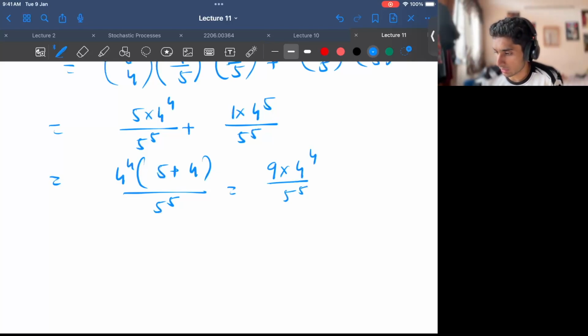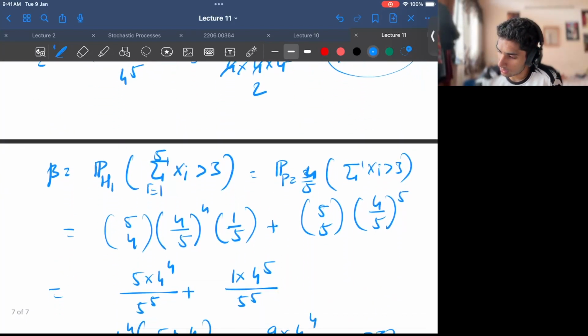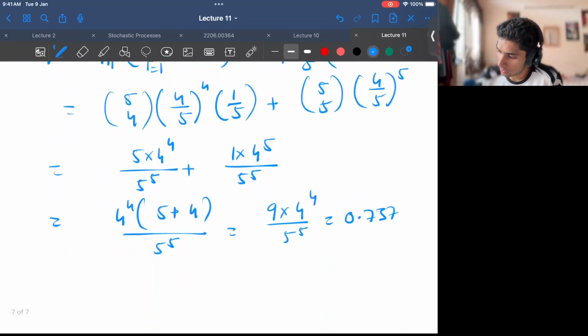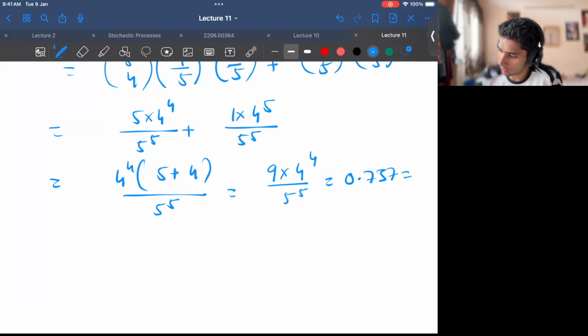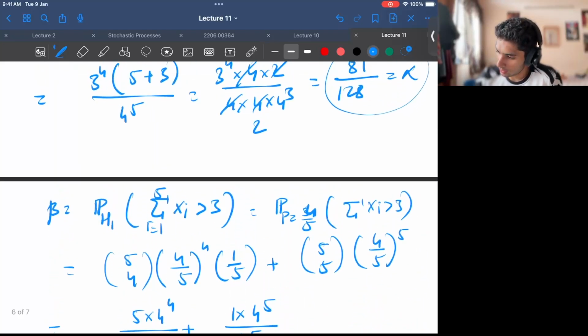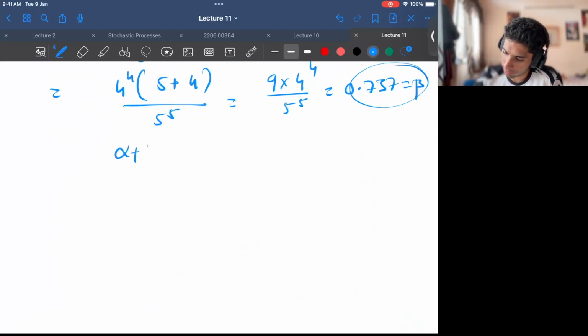And I don't think that is simplifiable. I think this comes out to be 0.737, something like that. So this is the value of beta, basically, and this was the value of alpha. Then you can find the value of alpha plus beta. Use your calculators. It comes out to be 1.37. This is your answer.